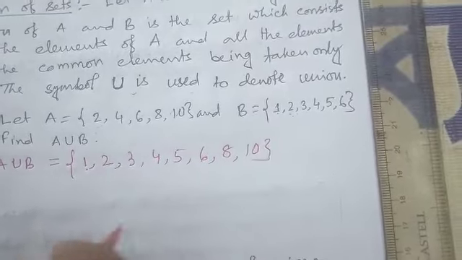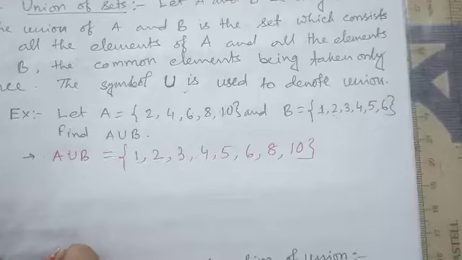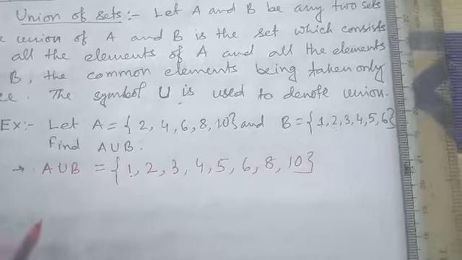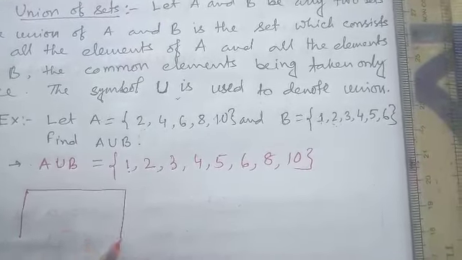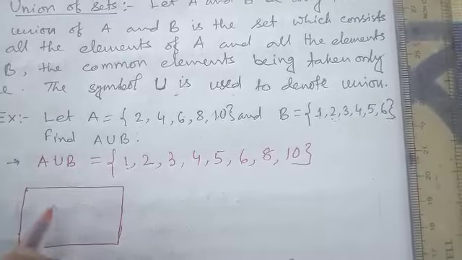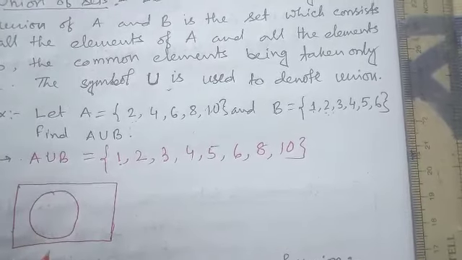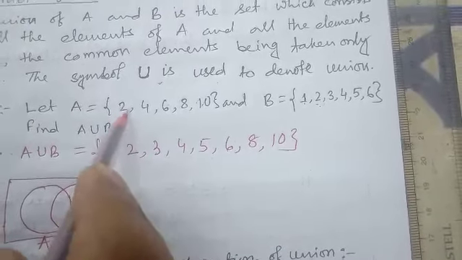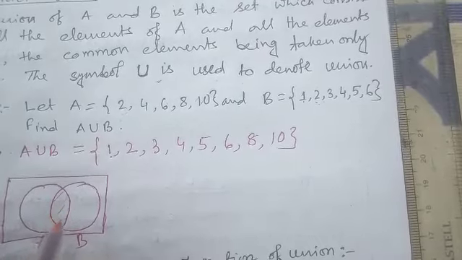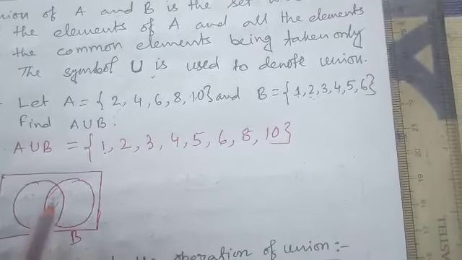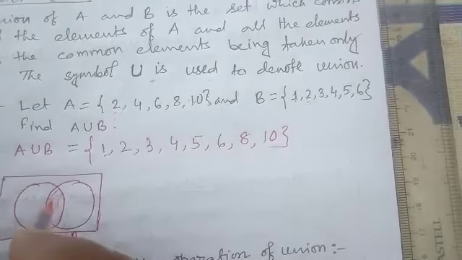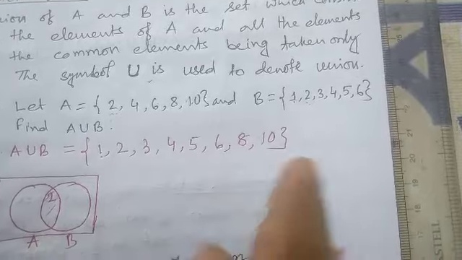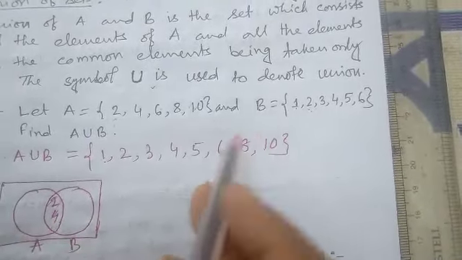This is your A union B. Now the representation of this operation by a Venn diagram: suppose this rectangle is your universal set, and this is your A set and this is your B set. The common portion holds the common elements, which are 2, 4, 6.